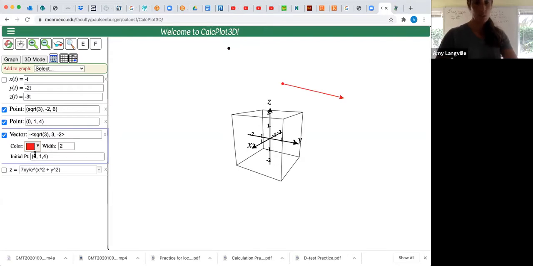And then I'd have to change my initial point to start at that terminal point, which was square root of 3, minus 2, 6. And I feel like I got a sign wrong again. Oh, minus here.